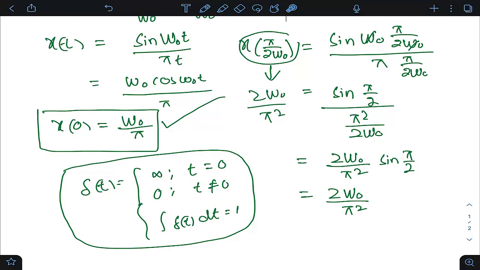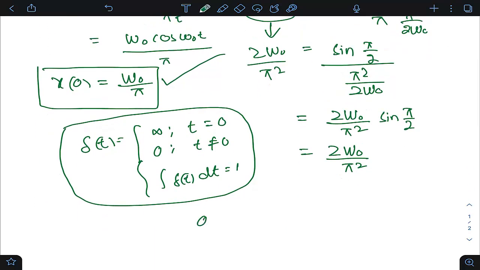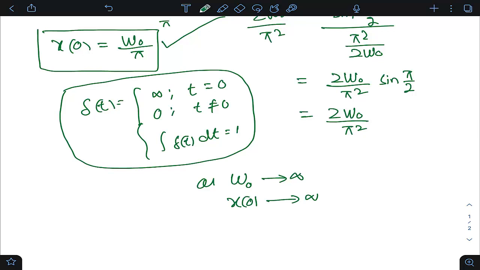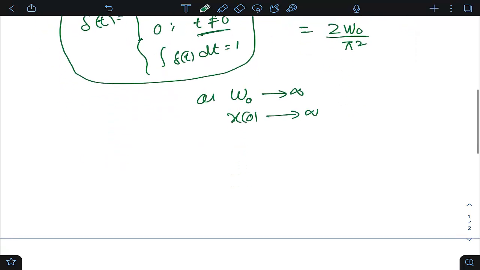So as w naught tends to infinity, this amplitude, which is x of 0, that is at time t equal to 0, is tending to infinity, right? And by the way, if you plot this function, sine w naught t by pi t, how will the curve look? This is like a sinc function, if you remember. This is how it will look.